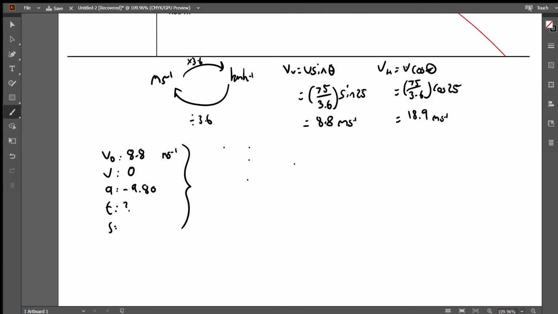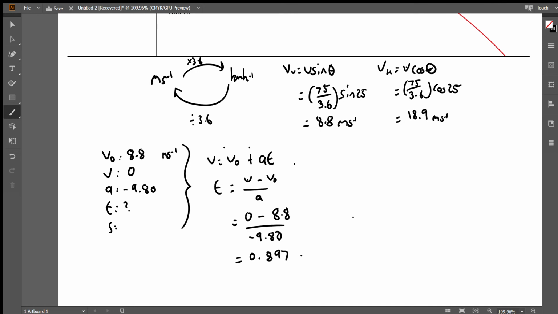The only formula that has all of those in it is v equals v0 plus at, which we rearrange to become t equals v take v0 on a. So 0 take 8.8 on negative 9.8, and if we put that in the calculator, we should get 0.897 seconds.